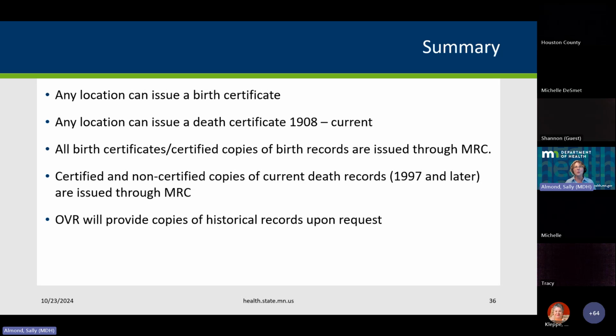We really want people who come to the Vital Records office in Mahnomen County to get the same records, the same results that they would get if they went to Anoka County or wherever they are in the state. So we're doing this to help you provide uniform service throughout the state.